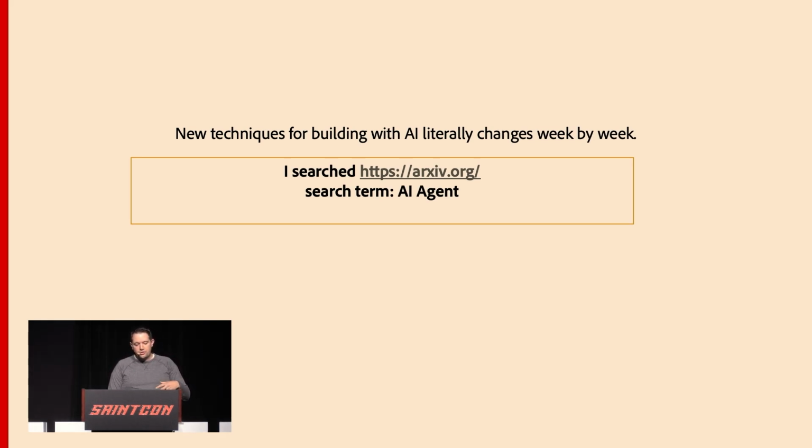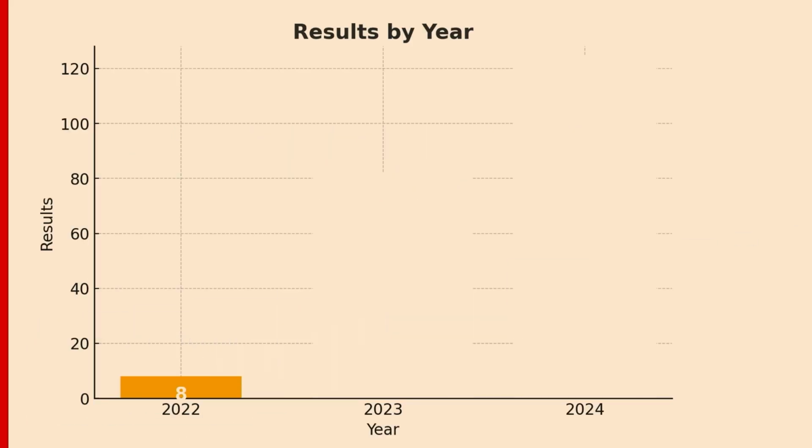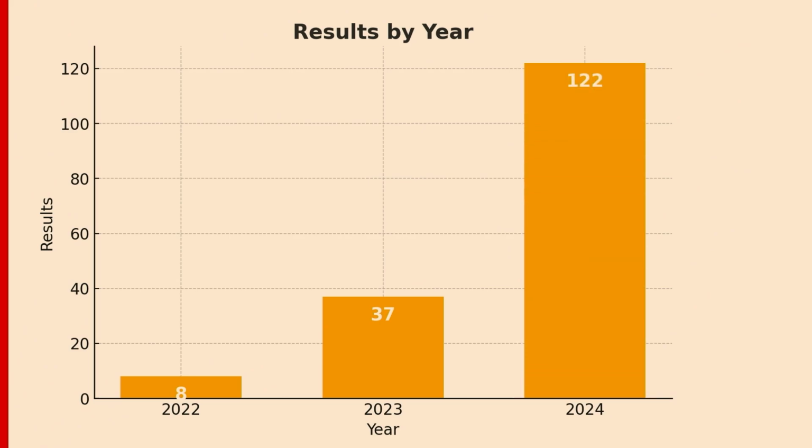I decided to search the term AI agent through the different years. In 2022, I searched it and only got 8 results. Searched it again for 2023 and we got 37 results. Then I searched it again in 2024 and we got 122 results. And 2024 is not even over at this point. This is rapidly growing and changing.